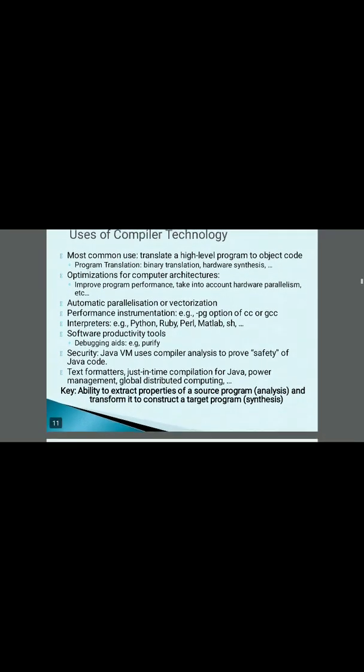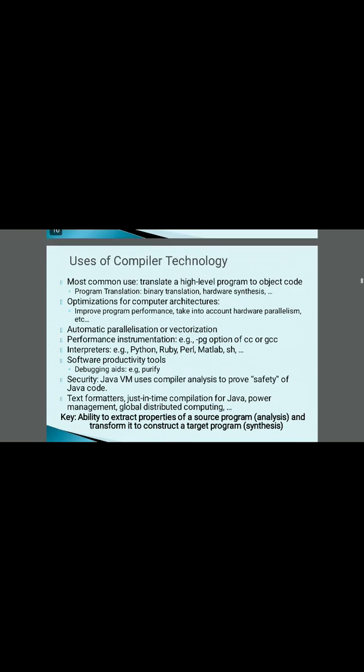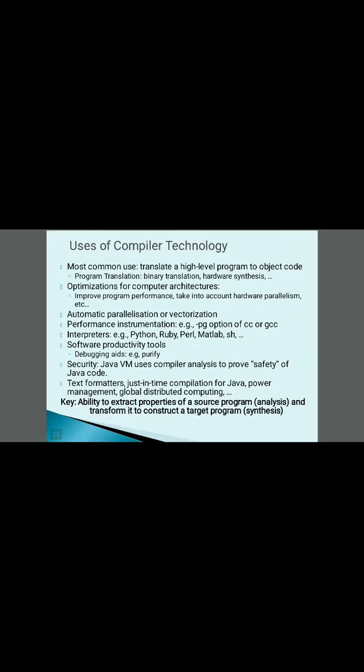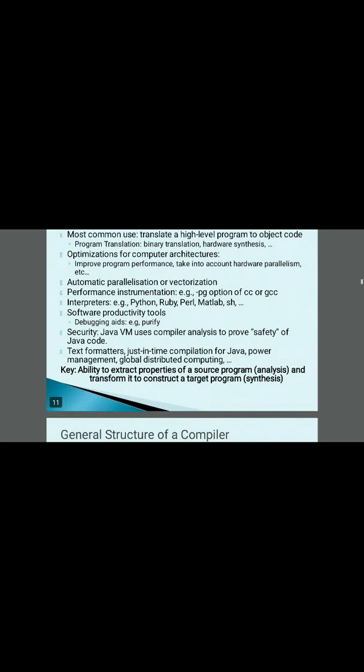Then you have to study this. There are many programming languages that use interpreters: Python, Perl, Ruby, MATLAB and all. And then come the software productivity tools. This is another important use of compiler technology, where you can provide a lot of debugging aids.